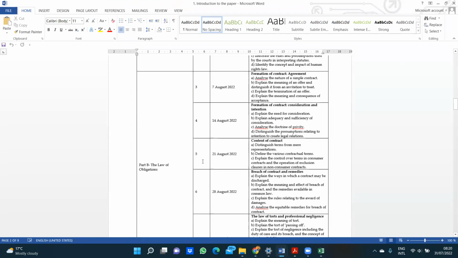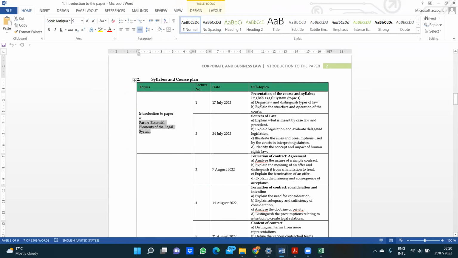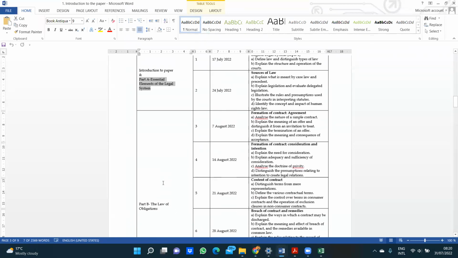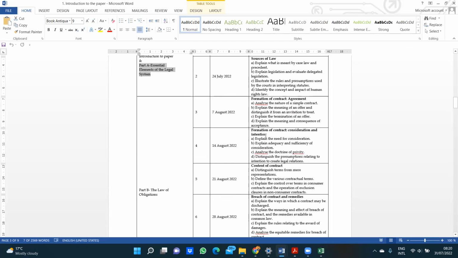Okay, so we did the first two weeks on the introduction, part A, the essential elements of the legal system. We studied the English legal system and sources of law, and now we are going to part B of the syllabus and chapter 1, which is formation of contract: agreement. These topics are quite interesting.